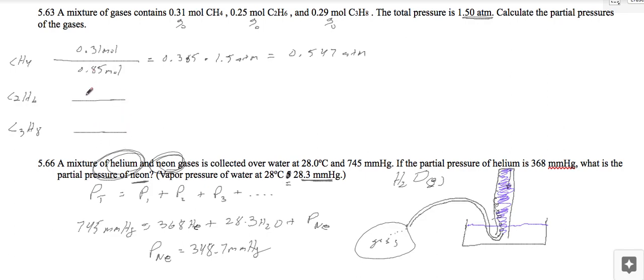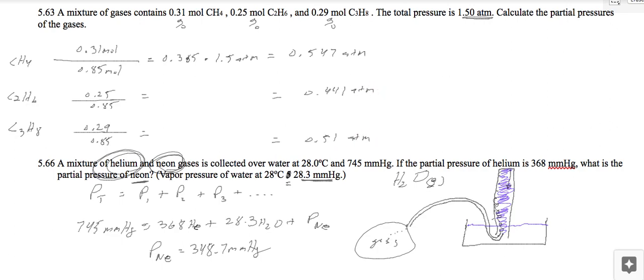In this case, it's 0.25, 0.29 divided by 0.85. And I don't have those numbers written down, but we end up with values here equal to 0.441 and then 0.51 atmospheres.